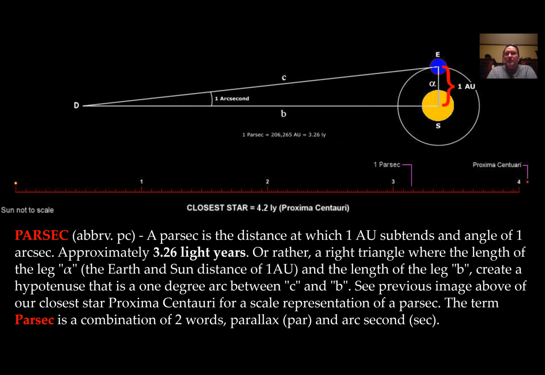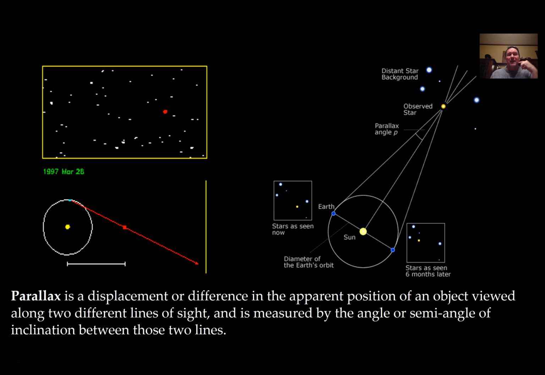Whenever we get to stars, we'll go over more of this. So just understand right now and be able to convert light years to parsecs and parsecs to light years, etc. So 1 parsec is equal to 3.26 light years.